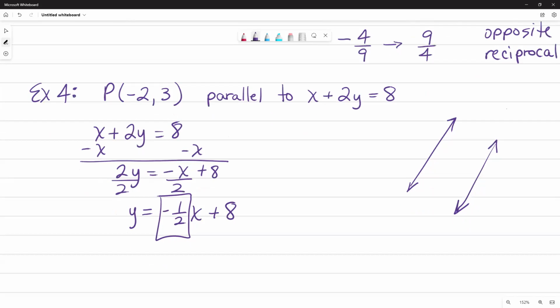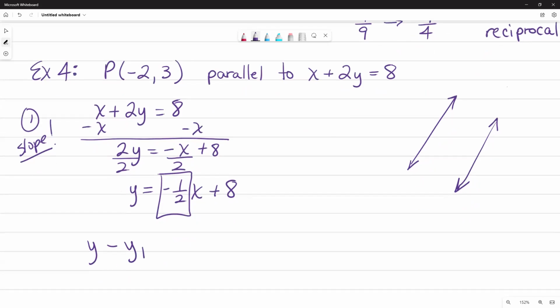So now I have my slope and I have 1 point, so I can use my point slope form. This is step 1, slope. Now my final equation: y minus y1 equals slope times x minus x1.